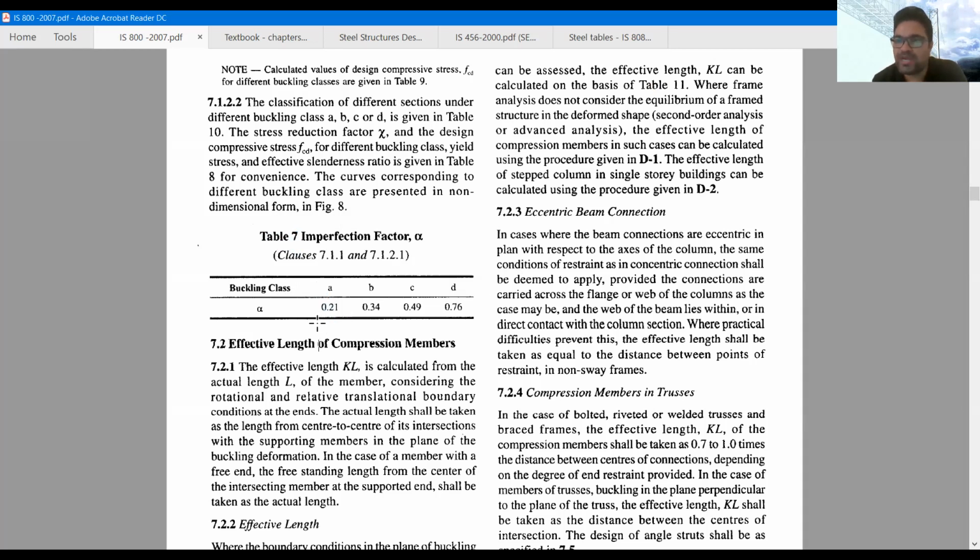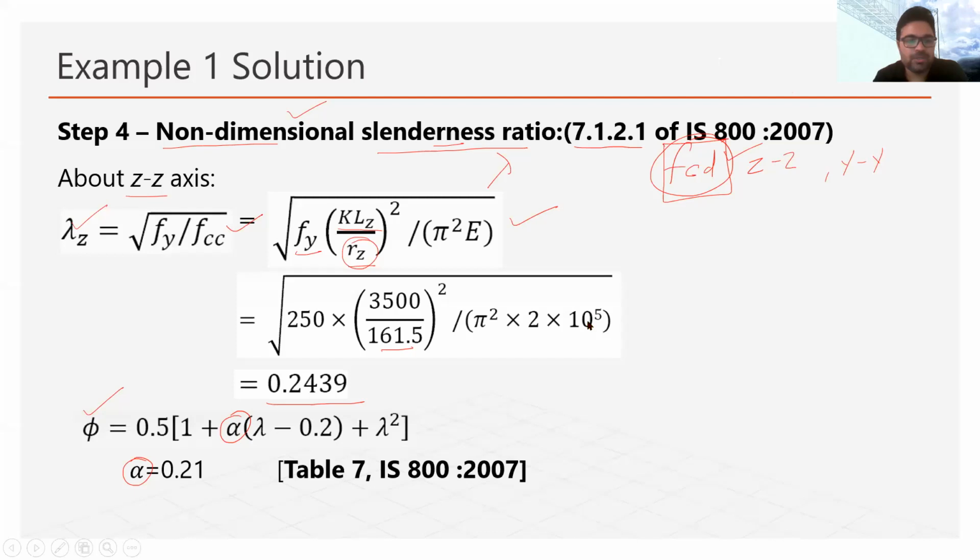Similarly, for the Y axis, we used buckling class B, and for buckling class B, the alpha value will be 0.34. Now we will use the alpha value for our case, which is A, and that is 0.21. So this is how we find this alpha value, which is 0.21, from Table 7.